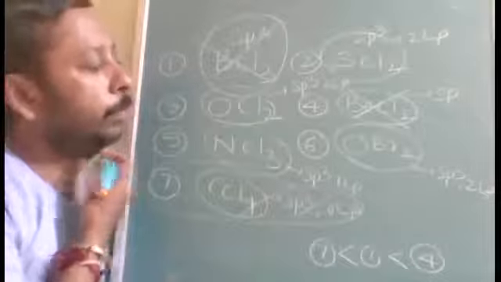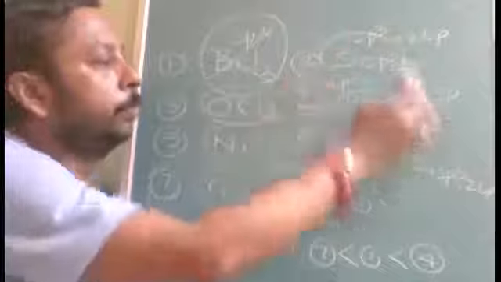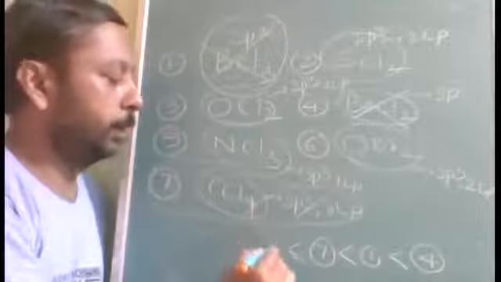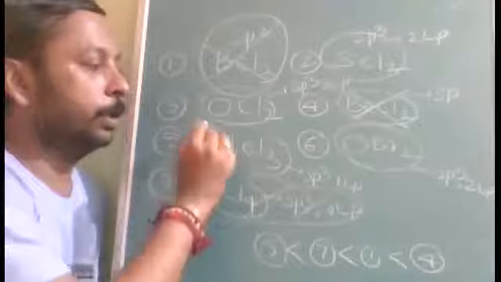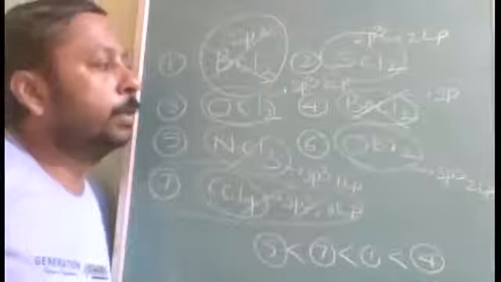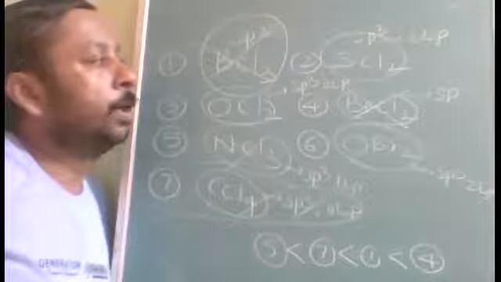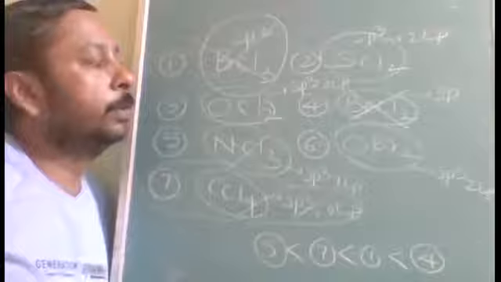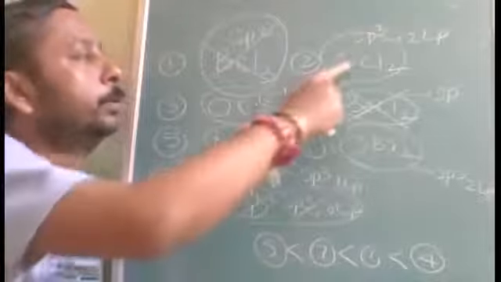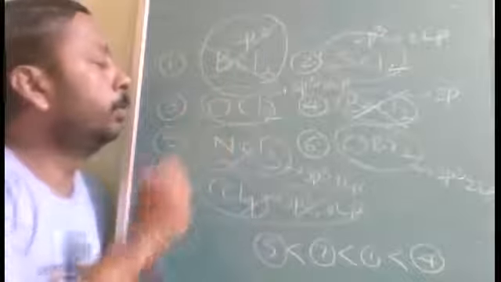Now we are left with one lone pair and two lone pairs, three of them. Minimum lone pairs are there in the fifth one, so this is also over. Now here two lone pairs, even the hybridization is the same. Then we should check the electronegativity of the central atom. So the central atom electronegativity will be more here.